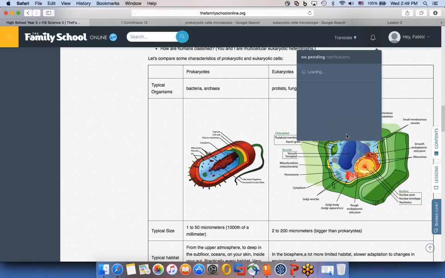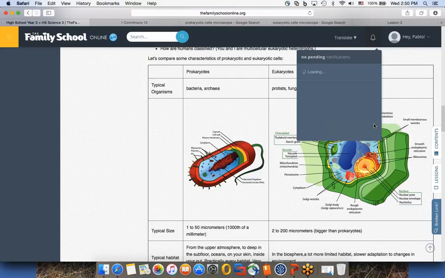So in fact, both the flagellum and the cilia are mostly for locomotion, to get around. It's also to feel their environment, okay? And actually, there are some eukaryotes that also have cilia and flagellum.